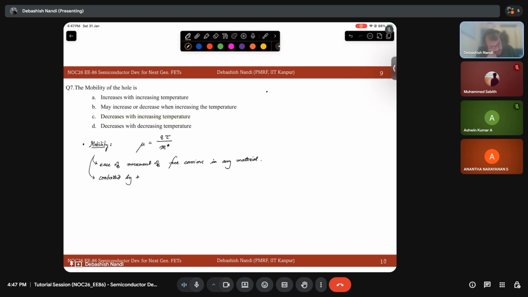It is controlled by the random event called scattering. So scattering can be of many types.